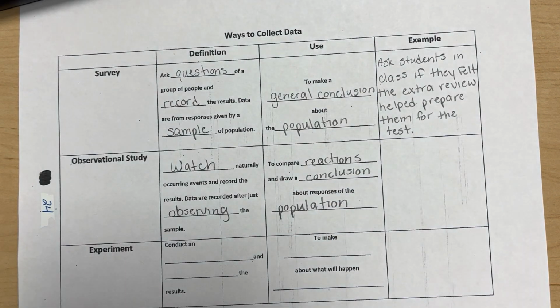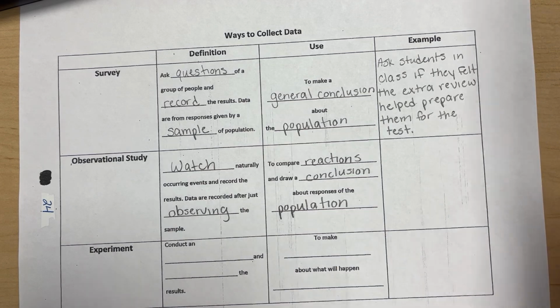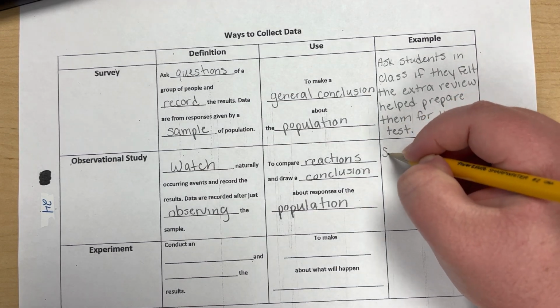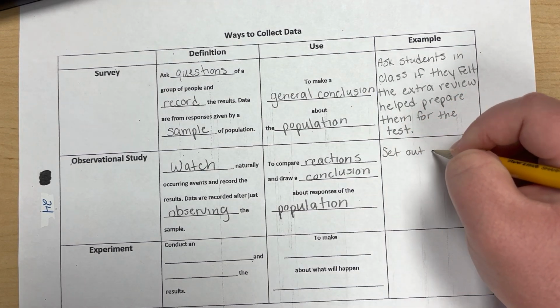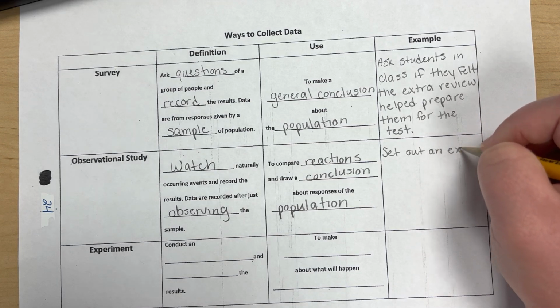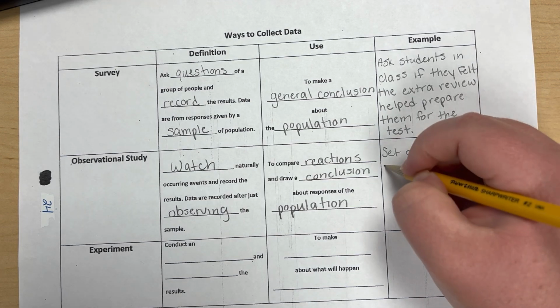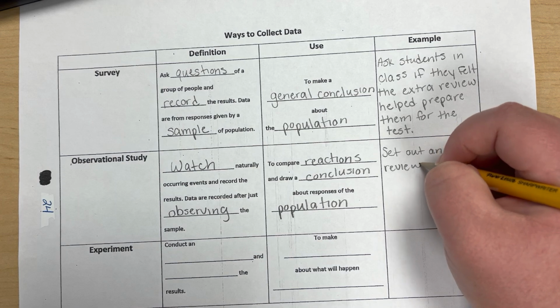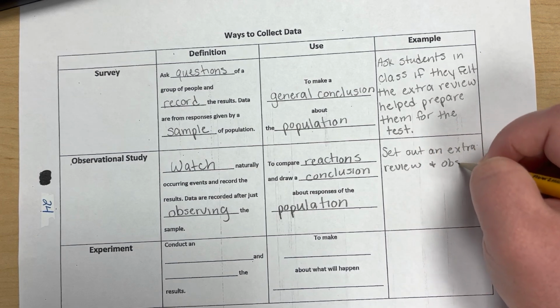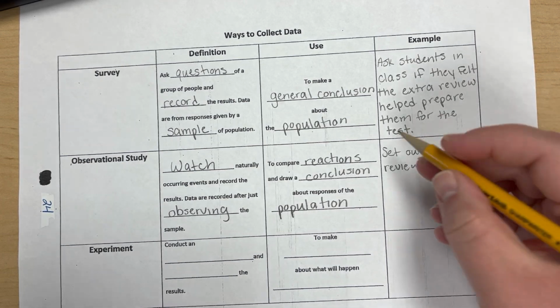So let's take that same idea about the extra review and how students did on a test. And for observation, what I would do is set out an extra review and observe which students pick up the review.